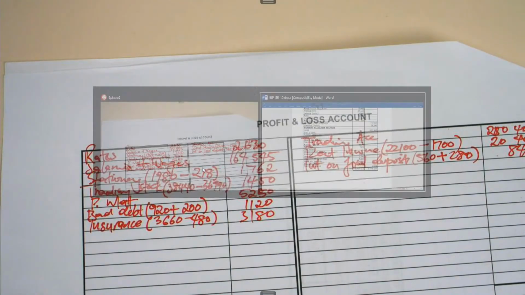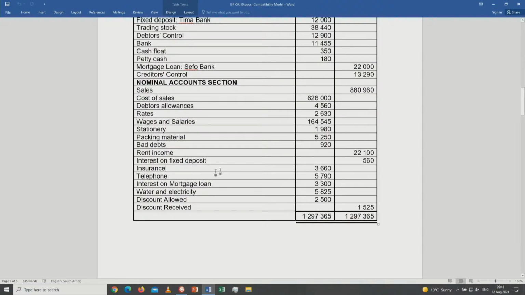Then we go back to our trial balance. It's telephone expense account, right? Telephone 5,790.